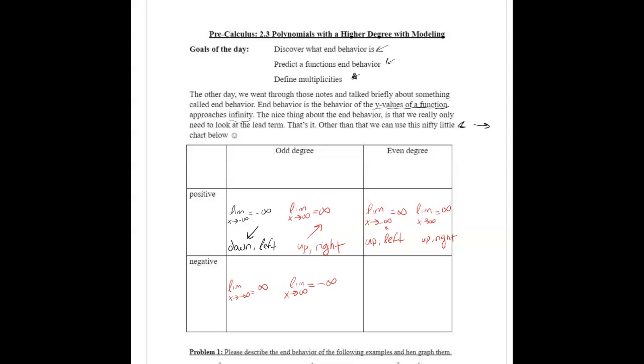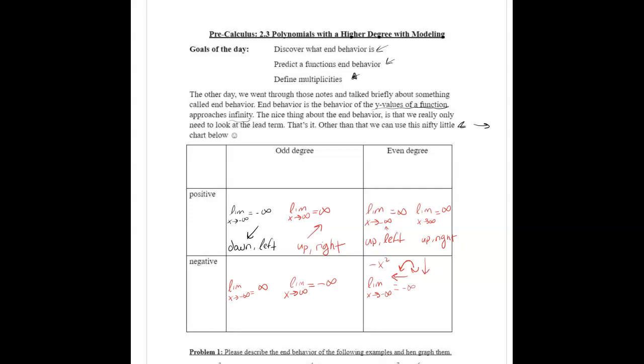And then finally, I have a negative with an even degree. The one that we probably know the most is a negative x squared. That's just going to be a sad-faced parabola. So my limit as x goes to negative infinity, which means my x's are going to the left. What's happening to my y values? Well, my y values are going down towards negative infinity.